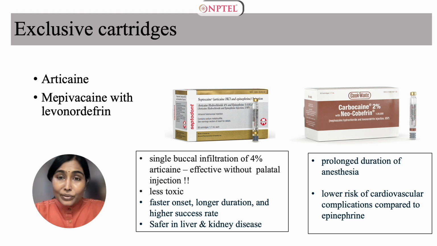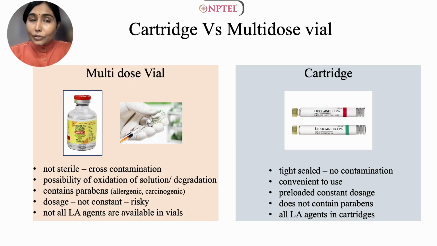Regarding mepivacaine with levonordefrin, here levonordefrin is the vasoconstrictor. This gives prolonged duration of anesthesia with lower risk of cardiovascular complications compared to epinephrine. So these cartridges must definitely be considered for use in one's practice. In contrast to all the disadvantages associated with a multi-dose vial, a cartridge is tightly sealed.